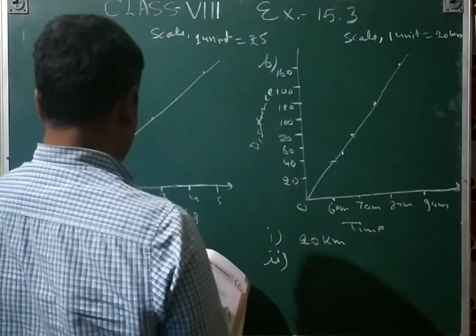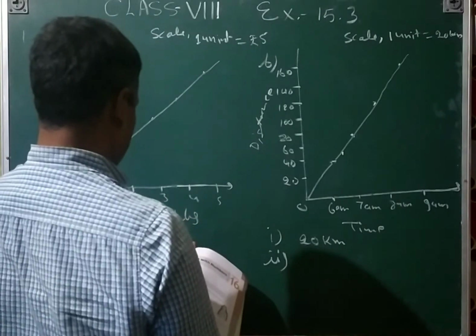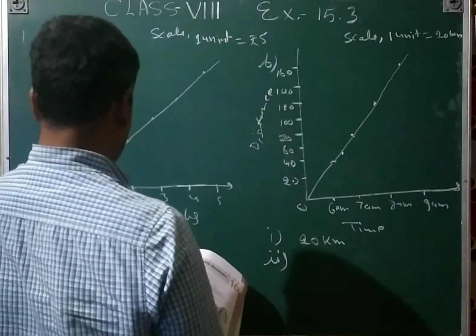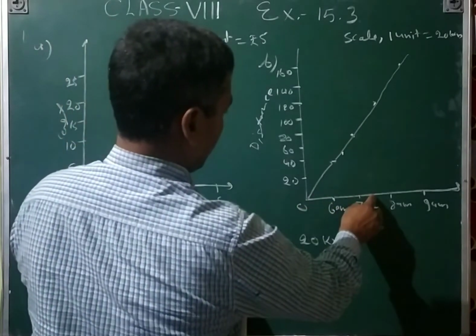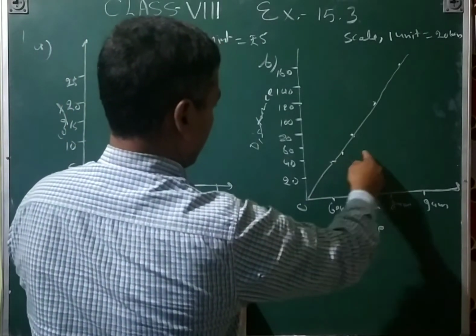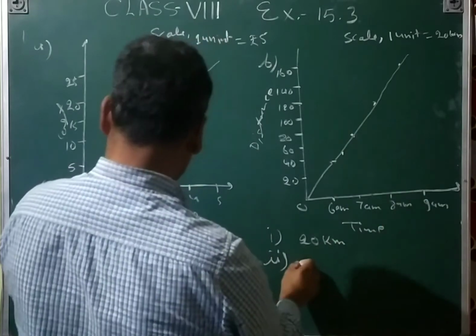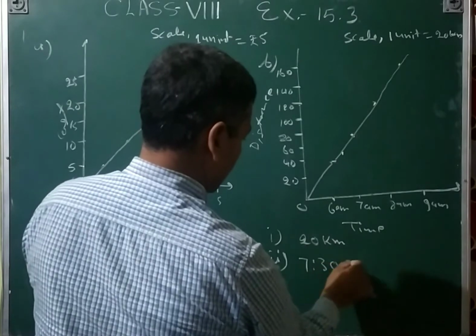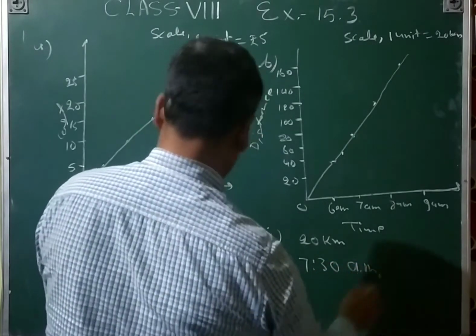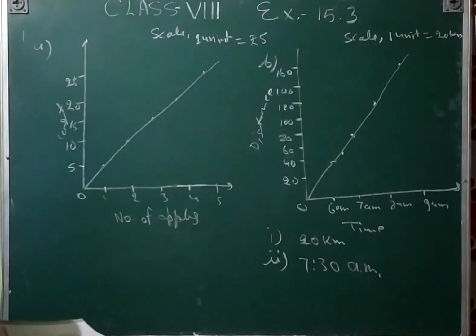What was the time when the car had covered the distance 100 km since its start? 100 km will be here, that is 7:30 a.m.